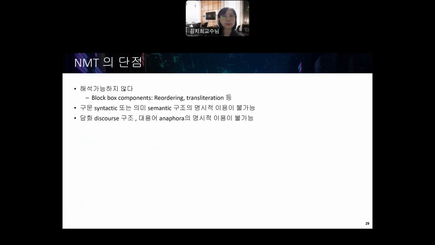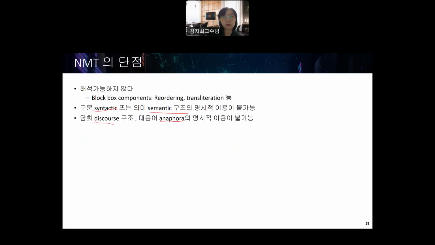The weaknesses include interpretability. You don't know why the outputs are generated. It's like a black box. And unlike the old days, we cannot specify particular semantics, particular syntactic structure, particular discourse structure, or particular anaphora, because it's all automatically generated.